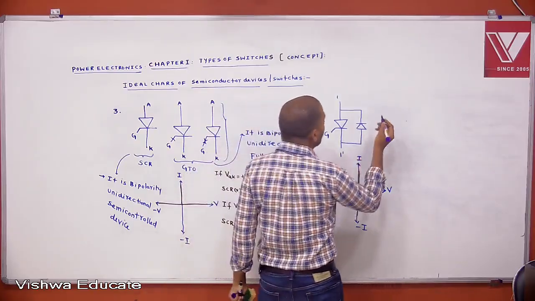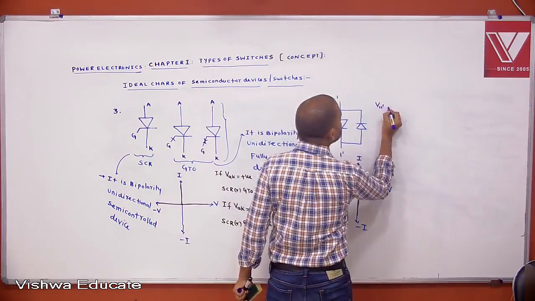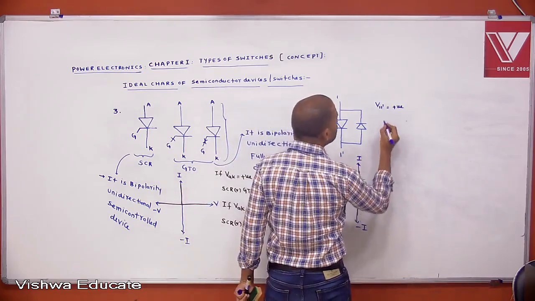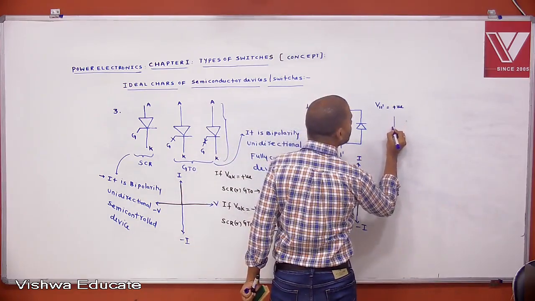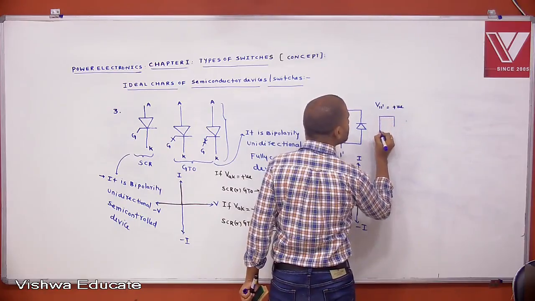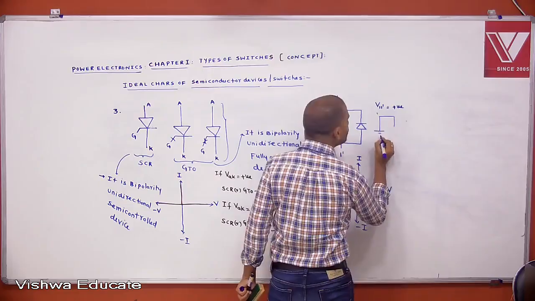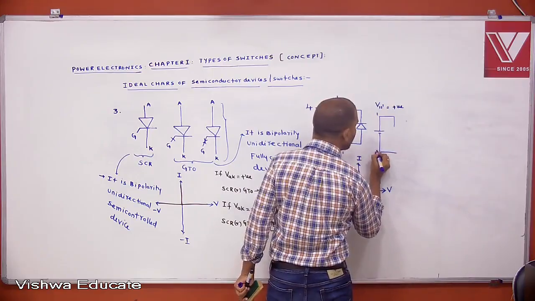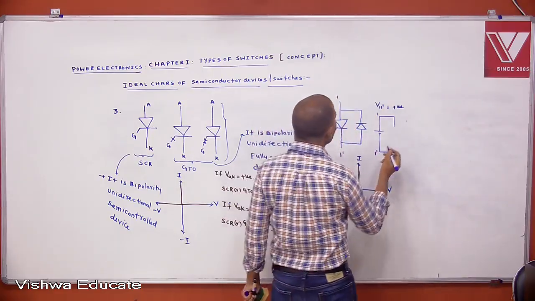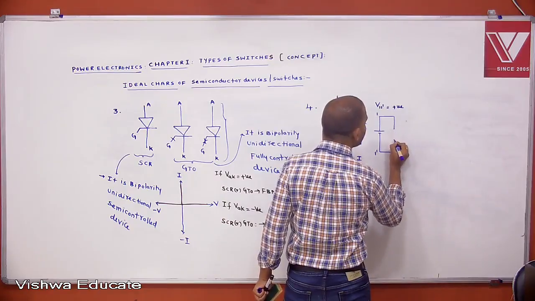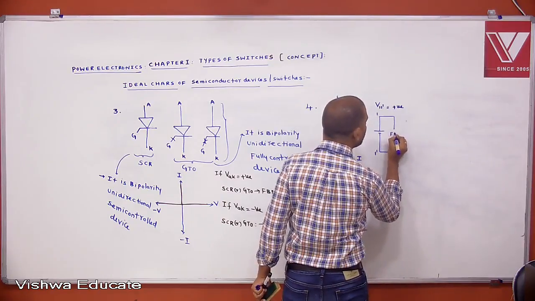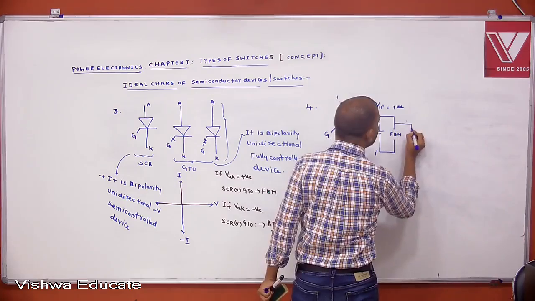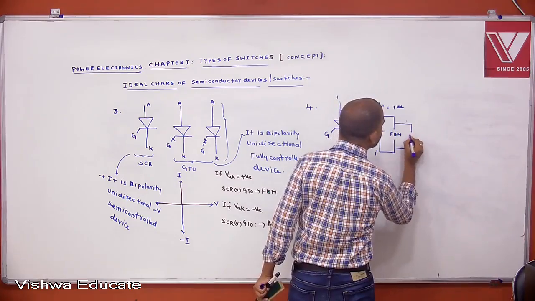Now you want to draw the voltage characteristics. If V11 dash is positive, what happens? Terminal 1 is connected to the positive plate, and 1 dash is connected to the negative plate. Then the thyristor is under forward blocking mode, and the diode is under reverse bias condition.